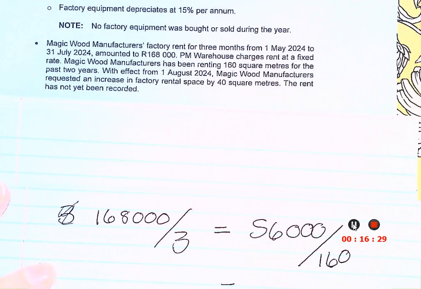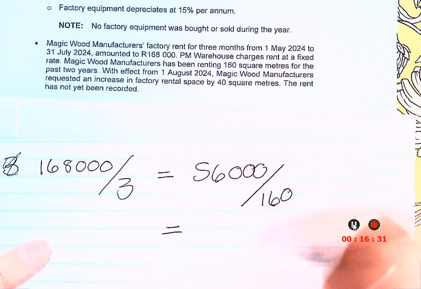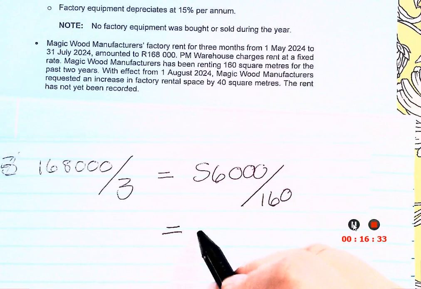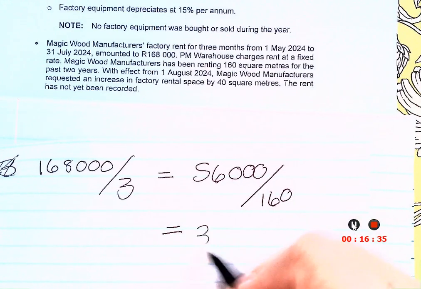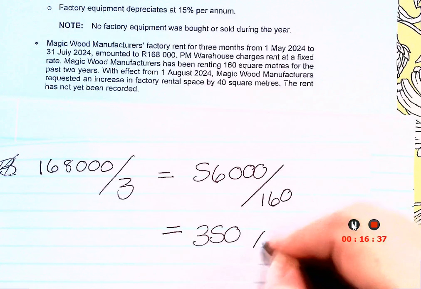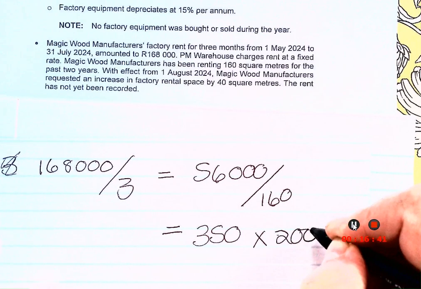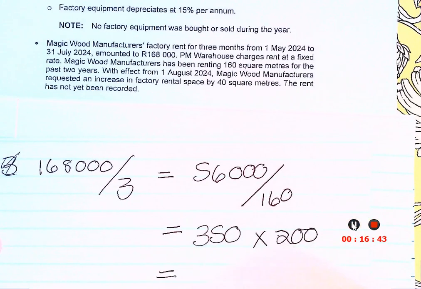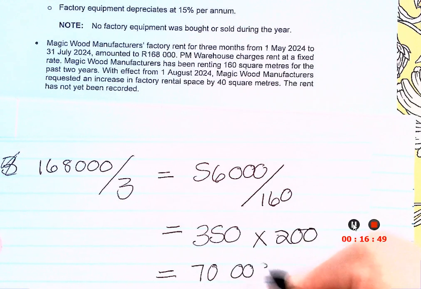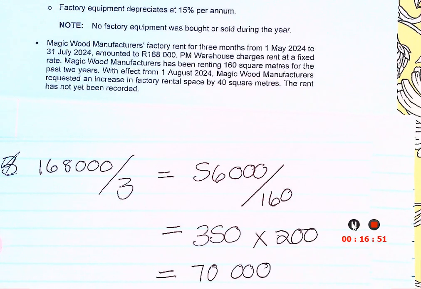Am I still on the right track? So how much is it per square meter? 350. And now I'm going to rent 200, because it's 40 more. So this gives me 70,000. Okay, so that's what I got, which they obviously didn't get.